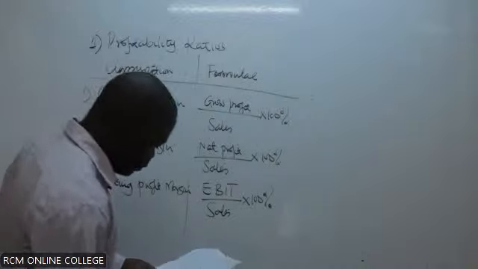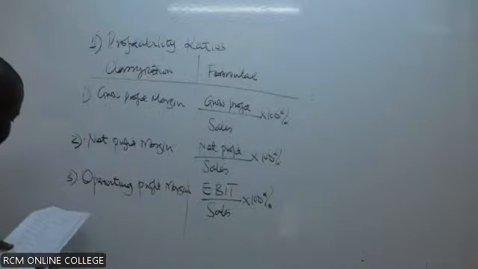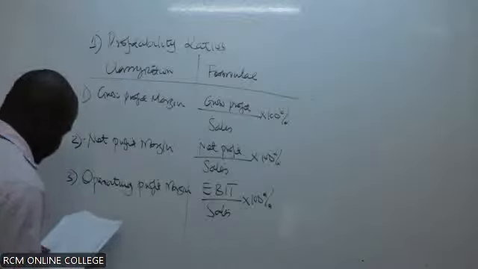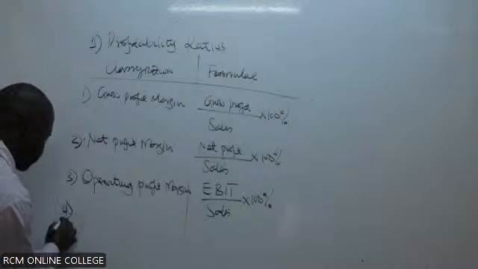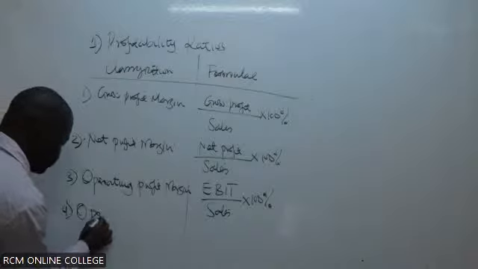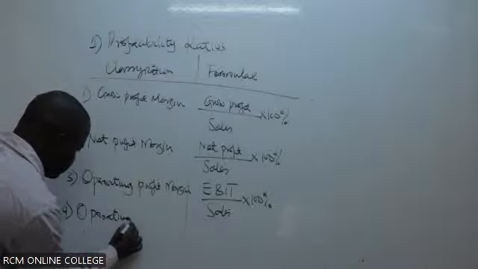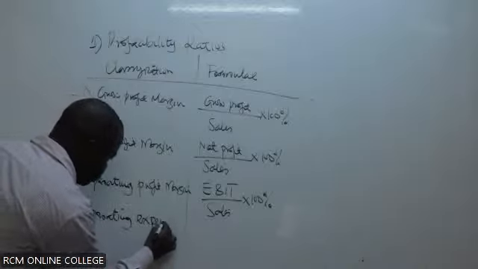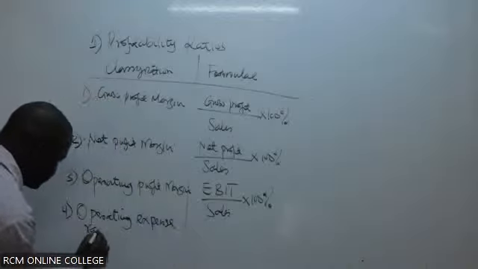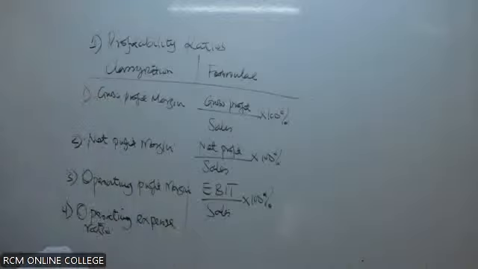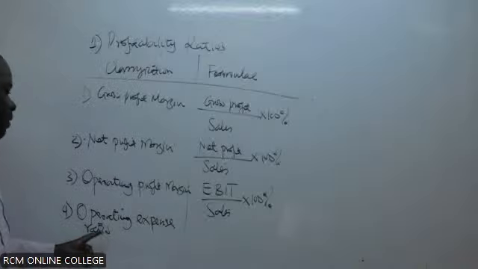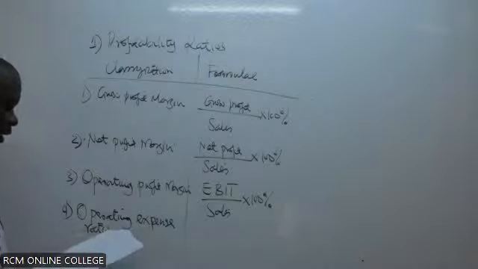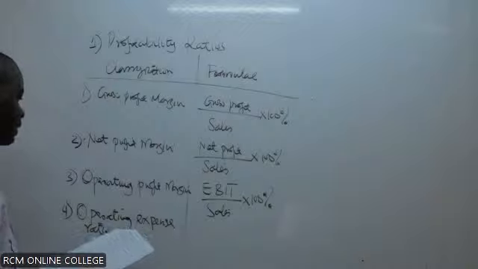Then we can also have another one we refer to as the operating expense ratio. For the formula you'll utilize here, you consider only the operating expenses. You divide by the sales, you multiply by 100%.